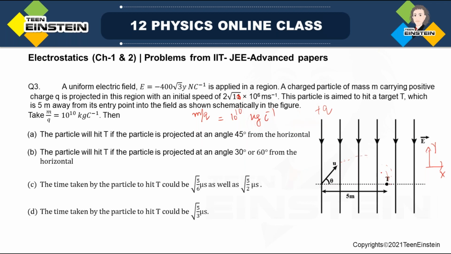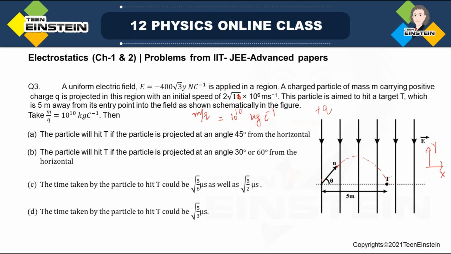So this is kind of a projectile problem. We have to find out what is the range. T is actually the range, which is 5 meter, it is given. So we have to see what the options are here.